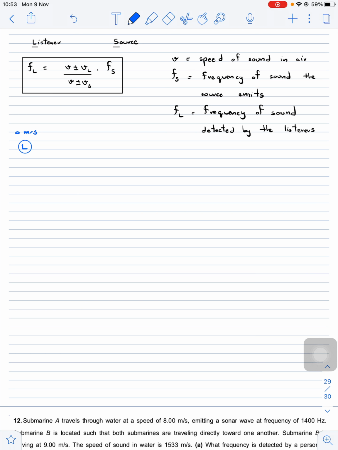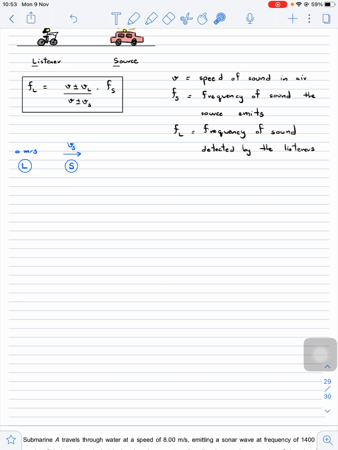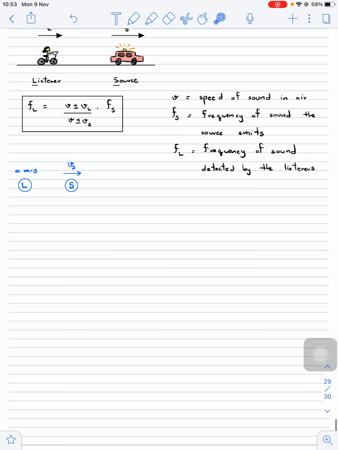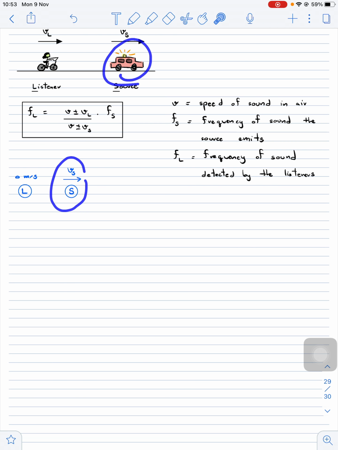But now the source is moving away from the listener with the velocity Vs, as we just mentioned. From real life, we know that if the source, for example an ambulance or a police car, is moving away from the listener, we're going to hear the sound with a lower frequency.